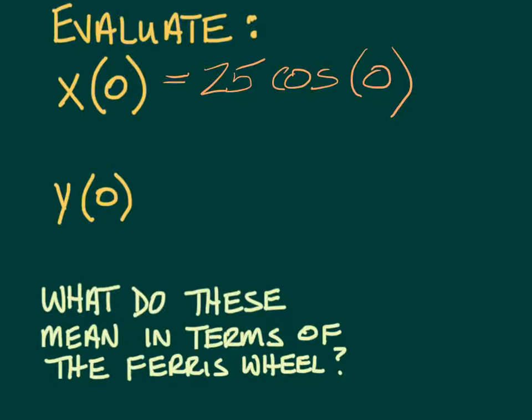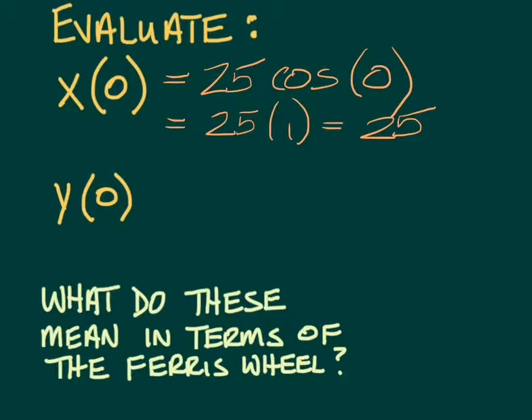Now, if you can't remember, if it's been too long over the break, you can type it in on your calculator. What is cosine of 0? It comes out to be 1. So we do 25 times 1 is 25.